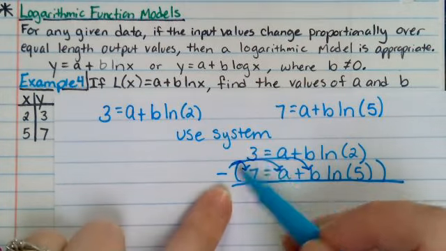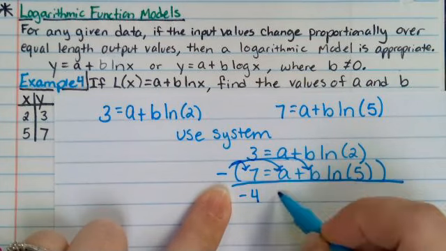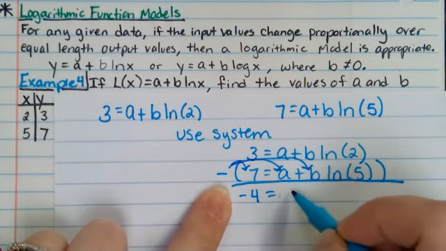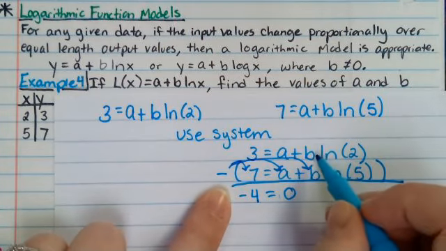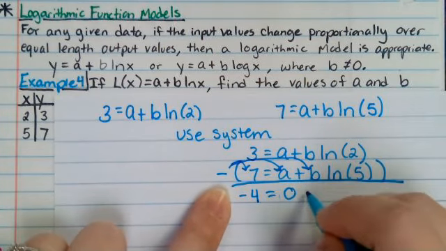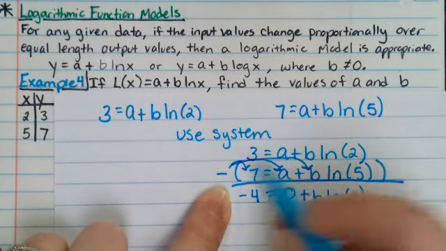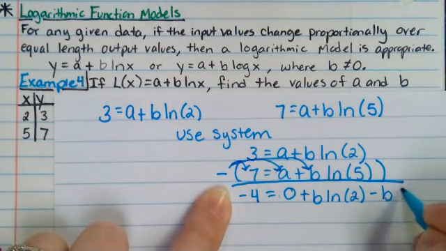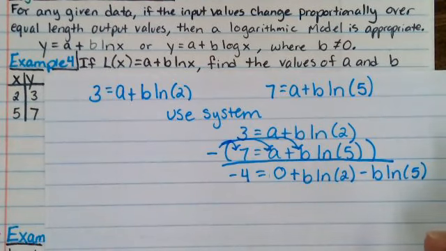All right, so this would be 3 minus 7, which is a negative 4. A minus a, which is nothing, right? I'll write that for now. And then over here, we have this b natural log of 2, and we're subtracting b natural log of 5. And no, those can't combine, but at least we're getting closer to where we could be.